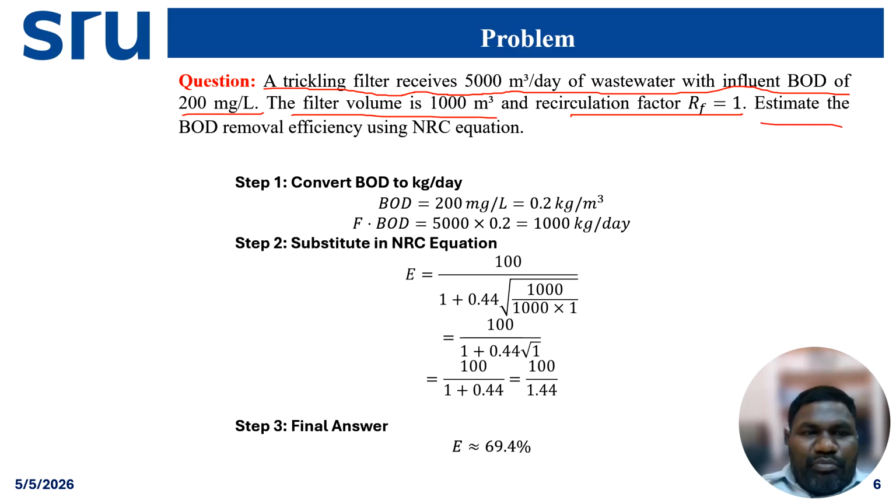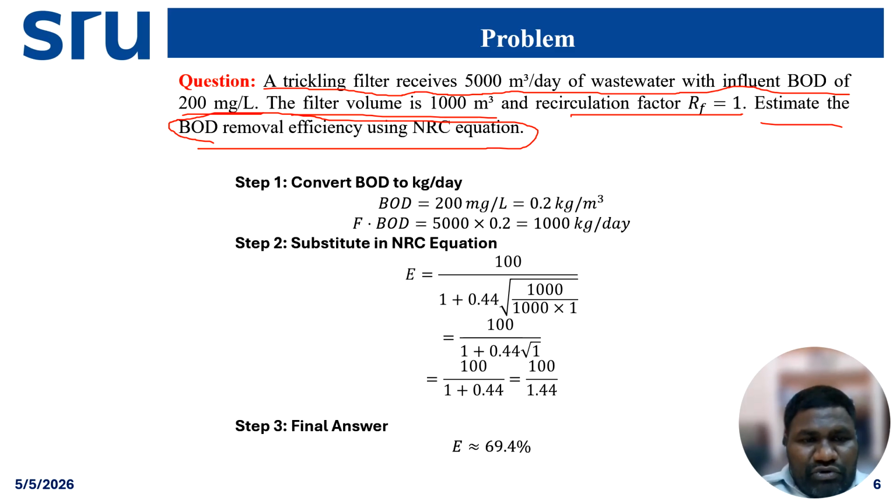Estimate the BOD removal efficiency using the NRC equation. Here, which equation? NRC equation. So first of all, F into BOD should be in kg per day. So we need to convert these units into kg per day.